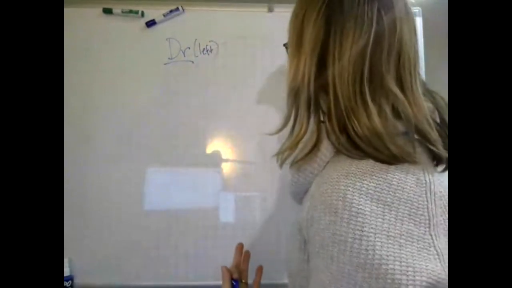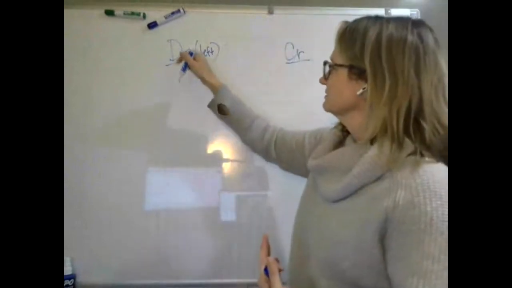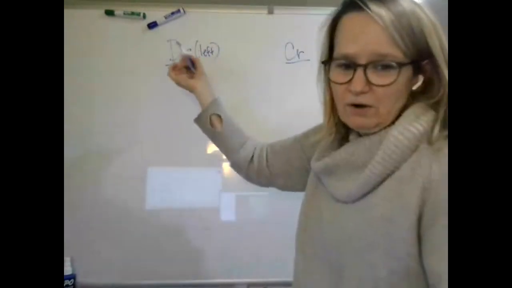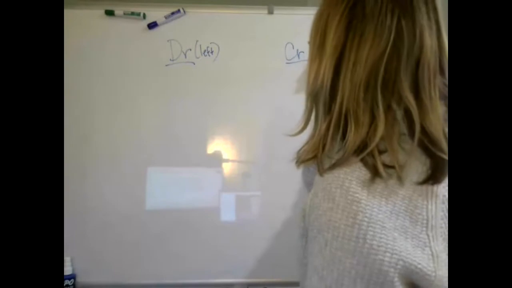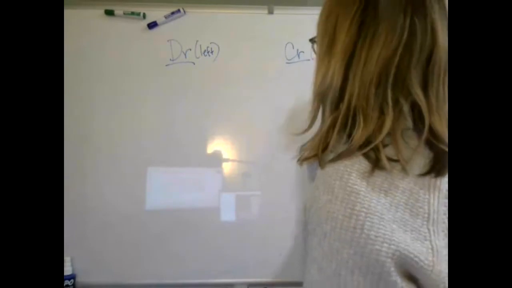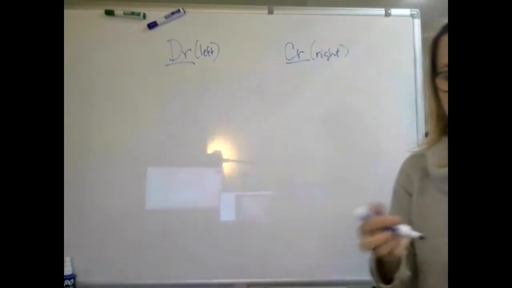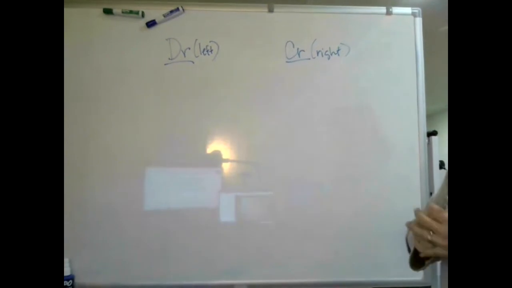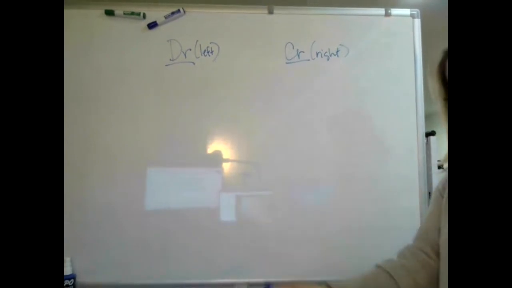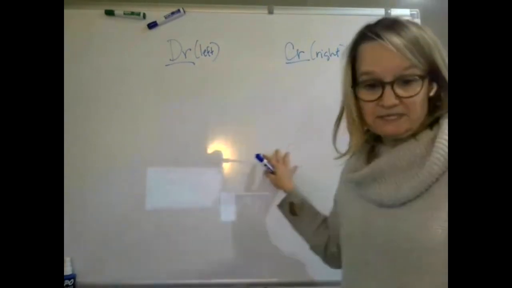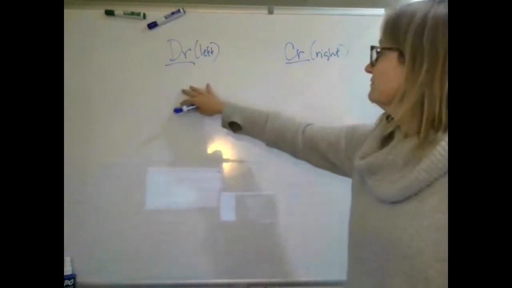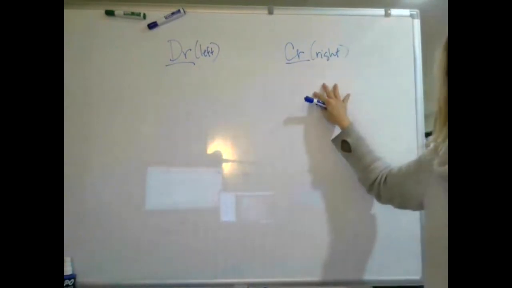And credit, I don't know why it's an R. There's no R in debit, but credit simply means right. So unlike on your bank statement where debit and credit mean cash in or cash out, that's not what this means here. It just simply means left and right.